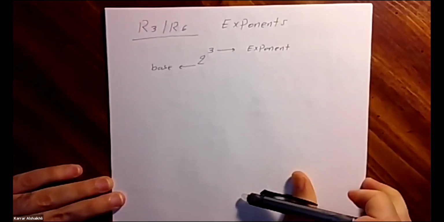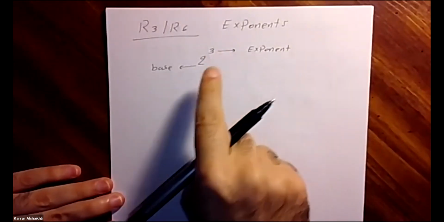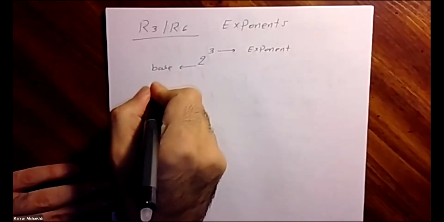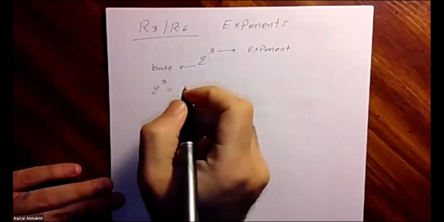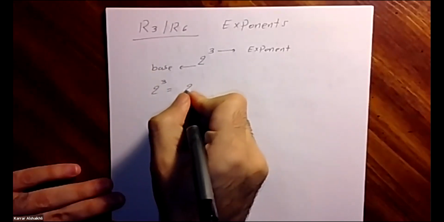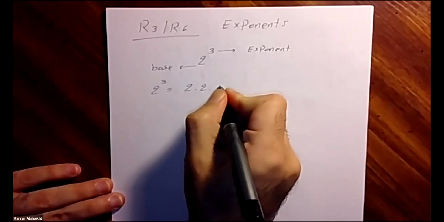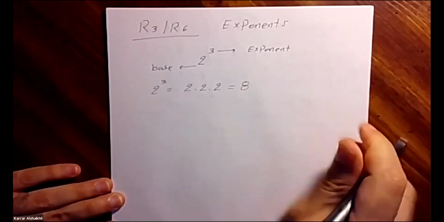Again, we're not going to multiply these two numbers because it's going to be wrong. The meaning of 2 to the power 3 is that this number is multiplied by itself 3 times. So it's going to be 2 times 2 times 2. So the result is going to be 8.